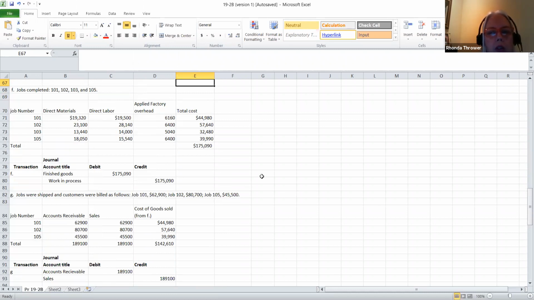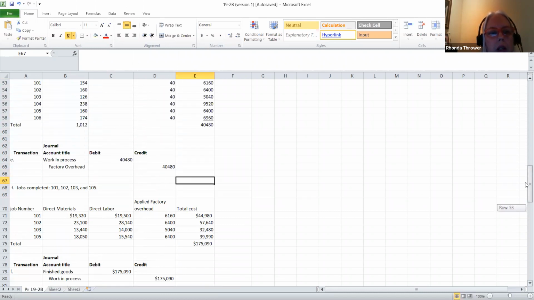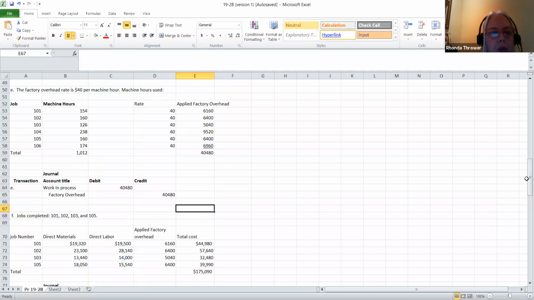We also need to determine our applied factory overhead, which came from transaction E. Remember, our applied factory overhead was the machine hours times the factory overhead rate, which will give us 6160.